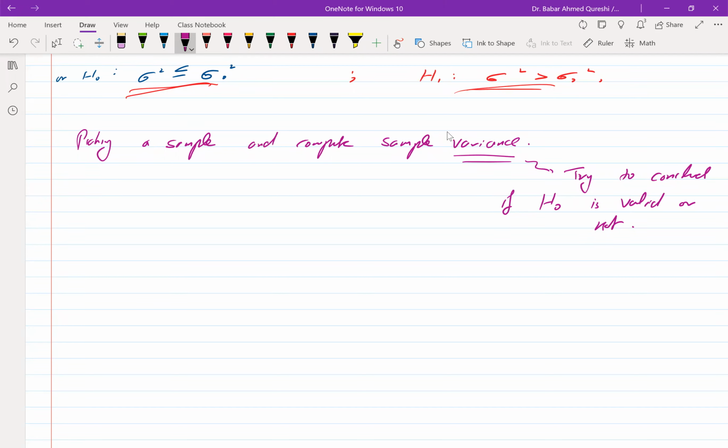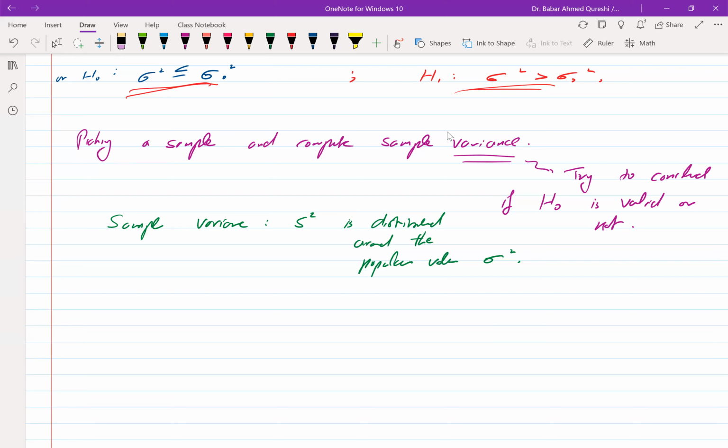So what you know is that the sample variance, which we call S square, has the same mean. It lies somewhere around the true value. It is distributed around the population value, which is sigma naught square.